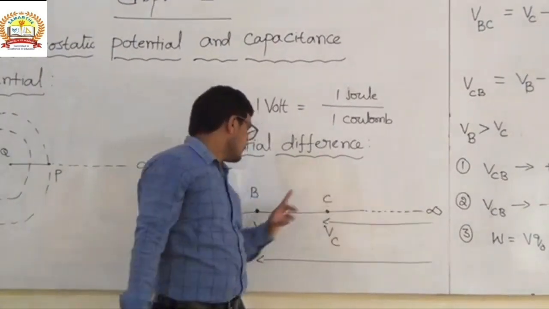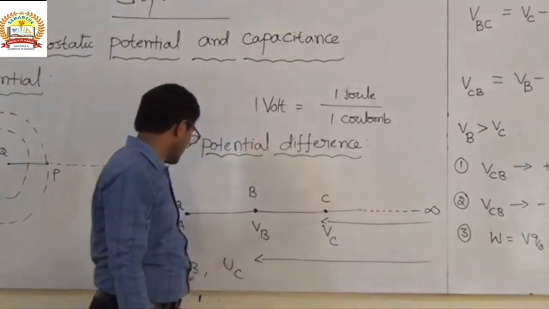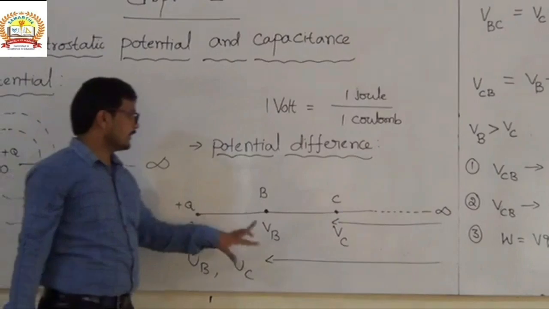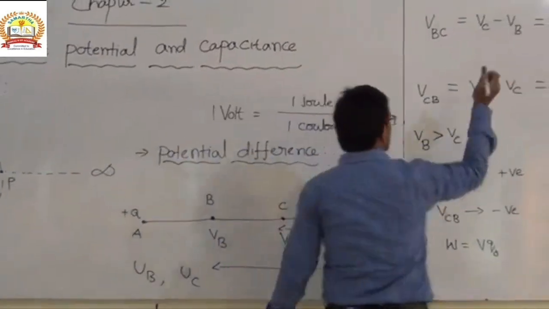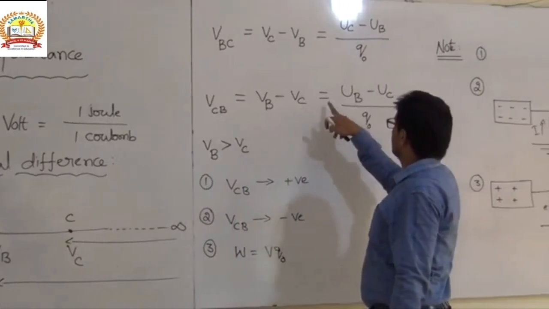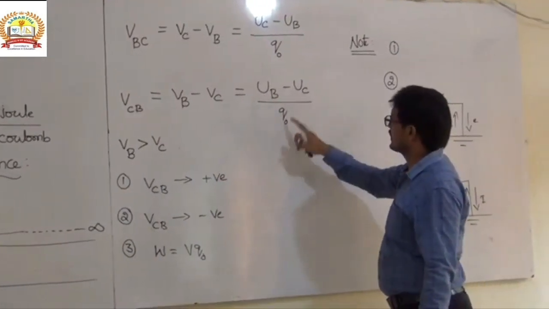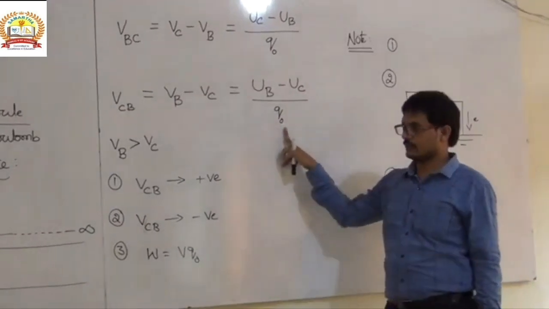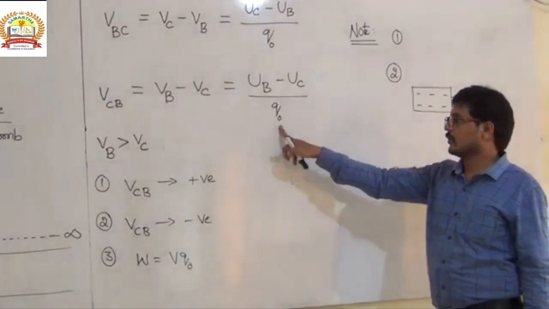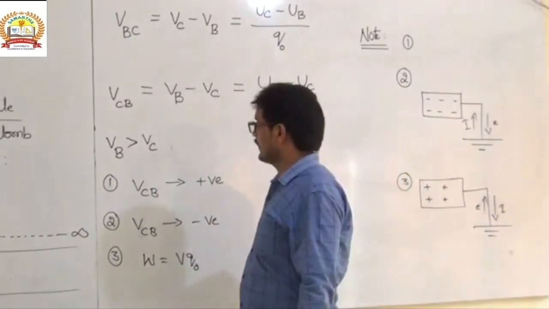And from infinity to the point B, the electrostatic potential is Vb and the potential energy is Ub. Then the potential difference between B and C is Vb minus Vc, which equals the potential energy difference, Ub minus Uc, divided by Q naught. So here Q naught represents the unit positive test charge.